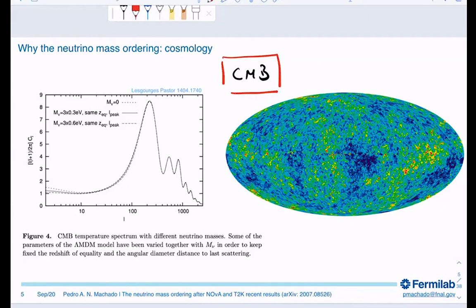So when you look at CMB, the total mass of neutrinos, the total energy that neutrinos carry away from structure, can actually change CMB quite a lot. And you can see the effect here in this paper. Basically, CMB is sensitive to the sum of all neutrino masses, right?